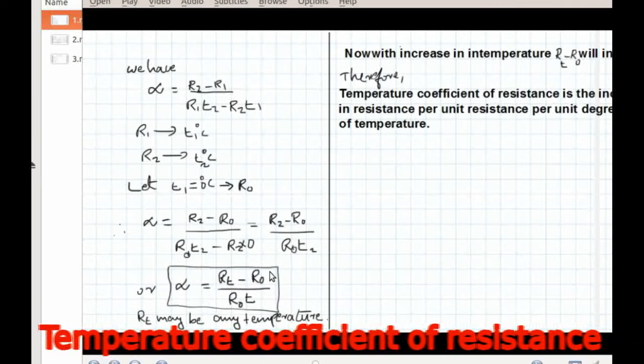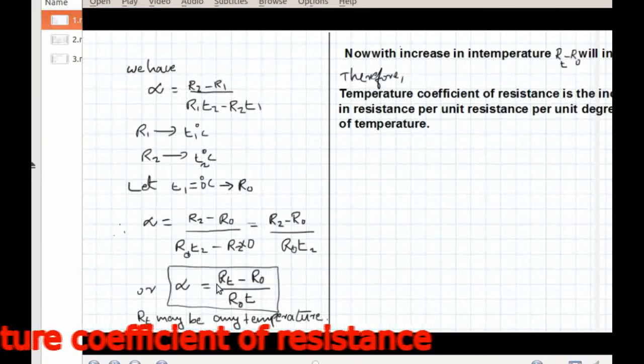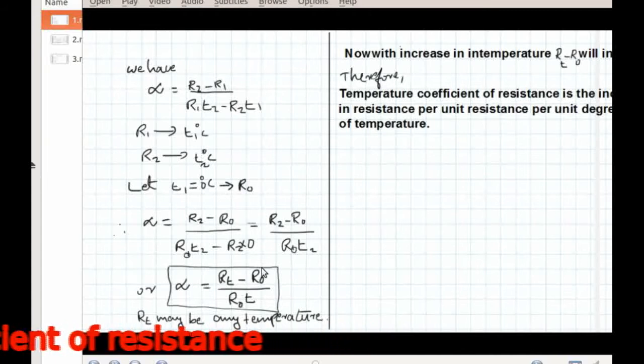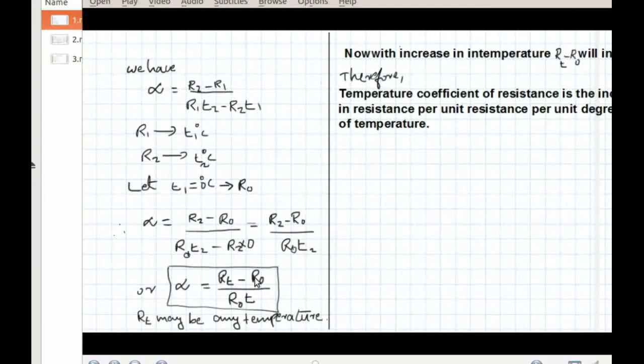Increase in resistance is RT minus R0. So increase in resistance per unit resistance is RT minus R0 by R0, also per unit degree rise of temperature, that is T. So RT minus R0 divided by R0 into T gives the definition of temperature coefficient of resistance.